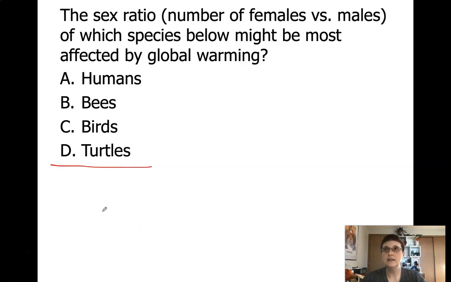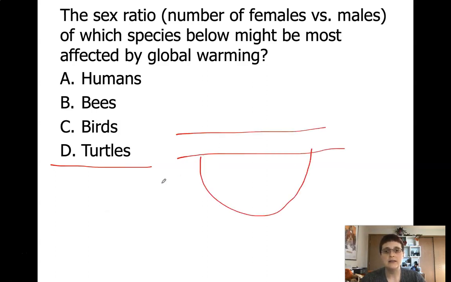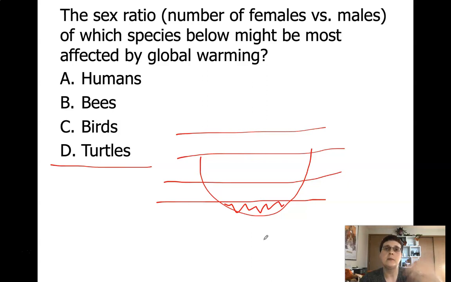Since their sex is determined by temperature, as temperatures rise, those nests, I'm not going to draw all the eggs, instead of the line being halfway through, the line now is down here somewhere. And so this is the only area of the nest that's probably cool enough for the males. And that is what we're seeing: fewer males being born, unless we bring the eggs in to hatch them at those varying temperatures to be able to get more males.